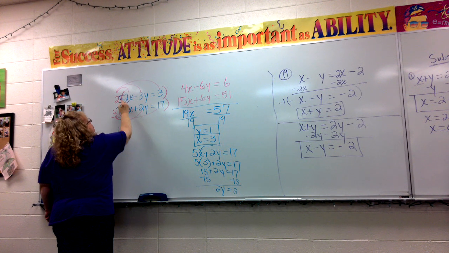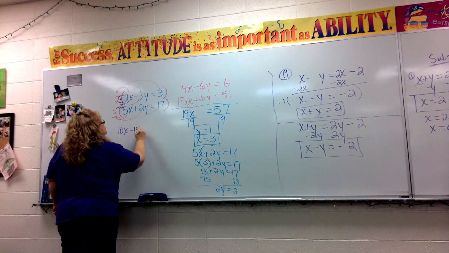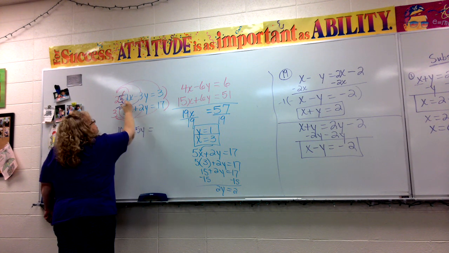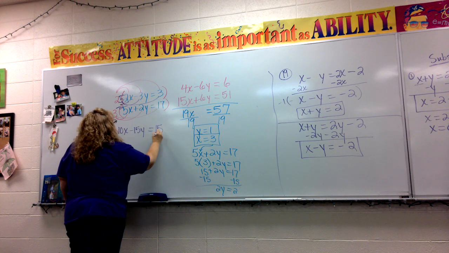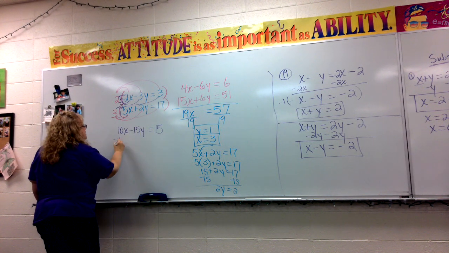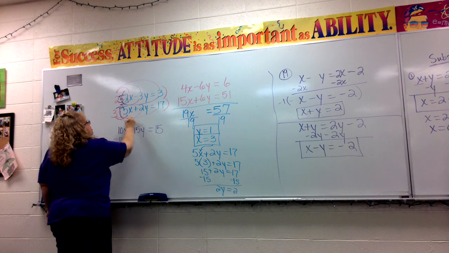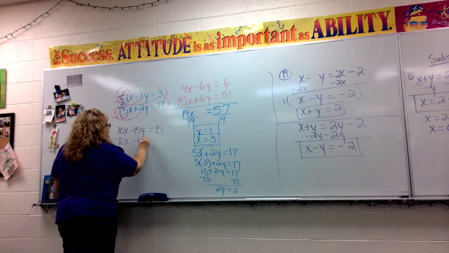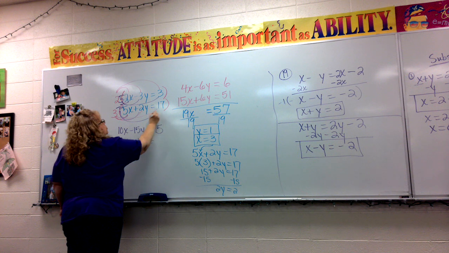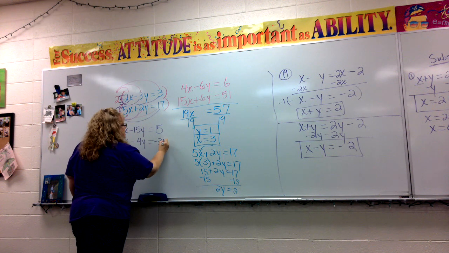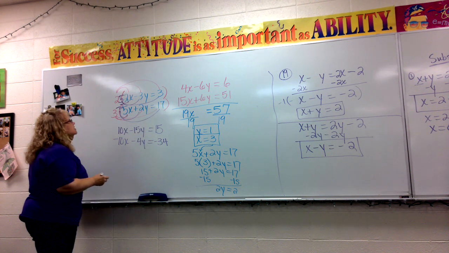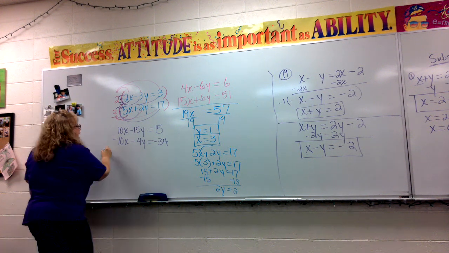10x minus 15y equals 15, and -10x minus 4y equals, oh boy, is that -34? Add them up.